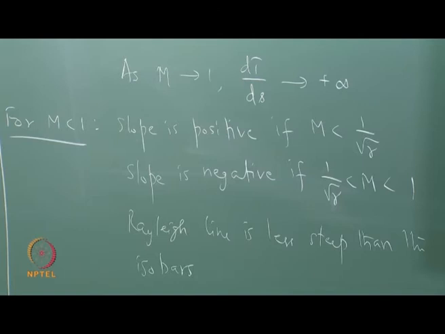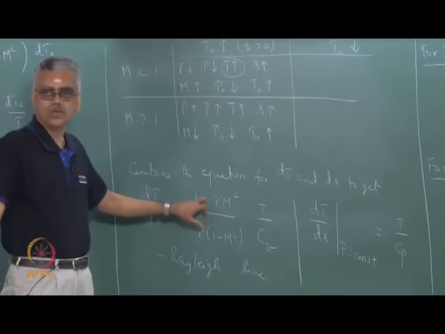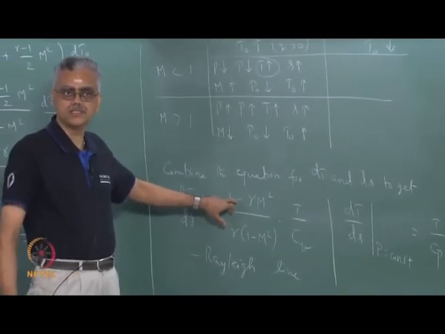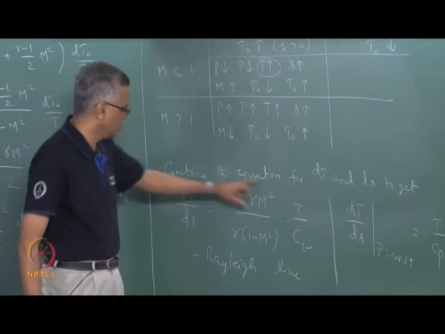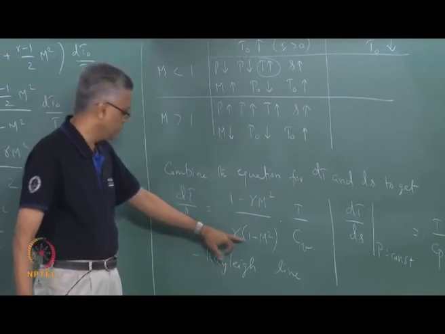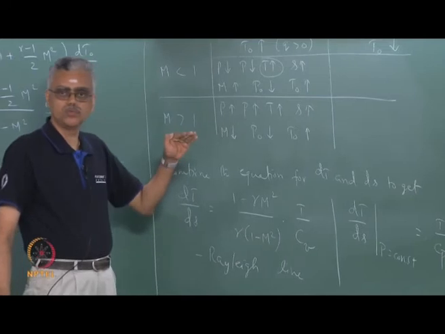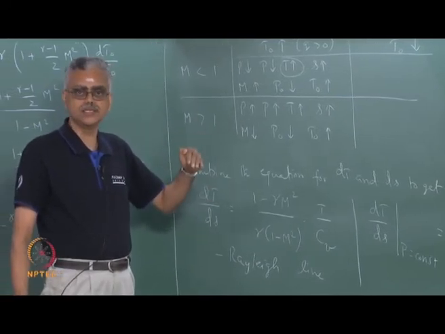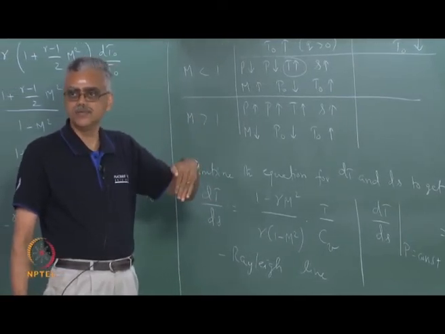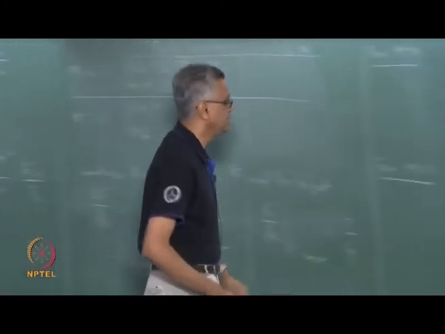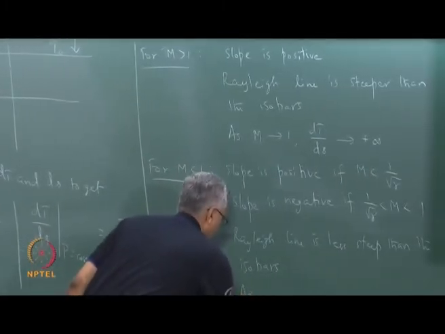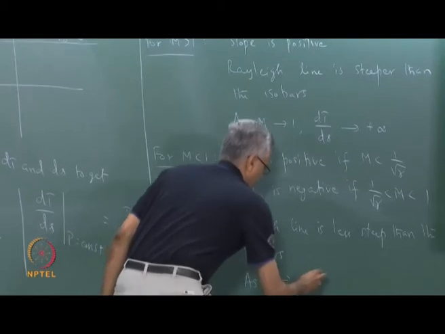And as m approaches 1, remember once m becomes larger than 1 over square root of gamma, the slope becomes negative. So, as m approaches 1, dT/ds approaches minus infinity.